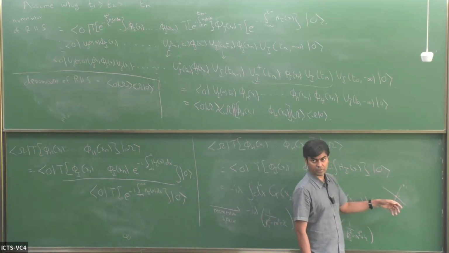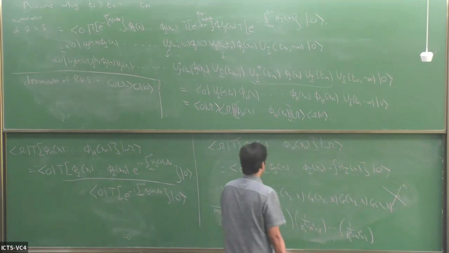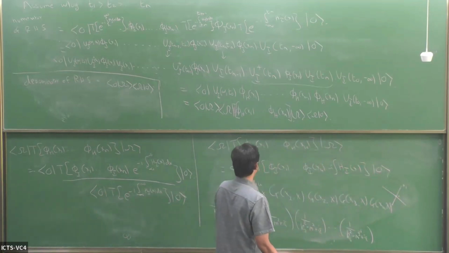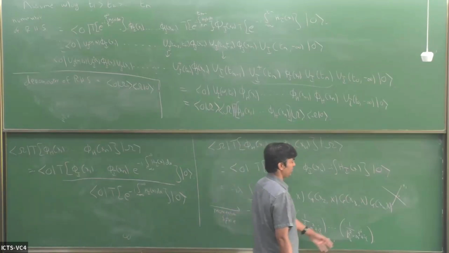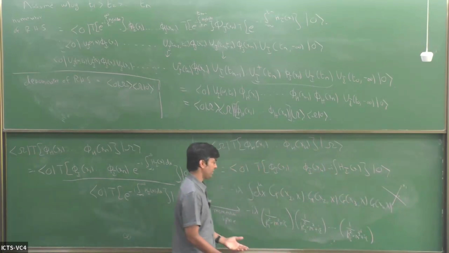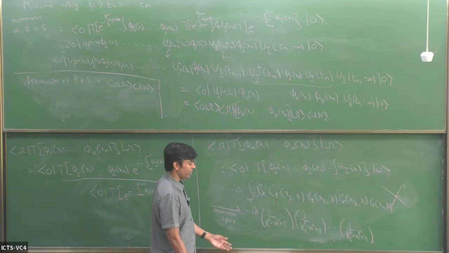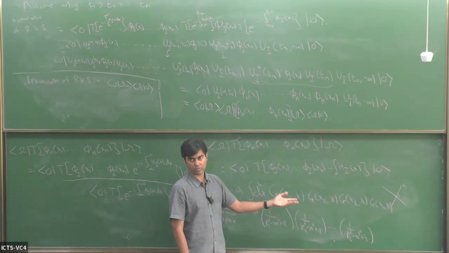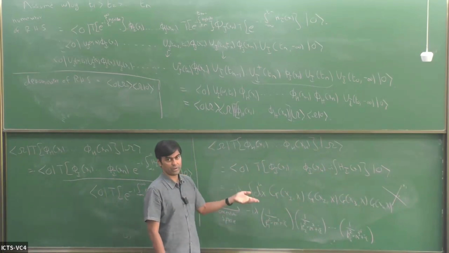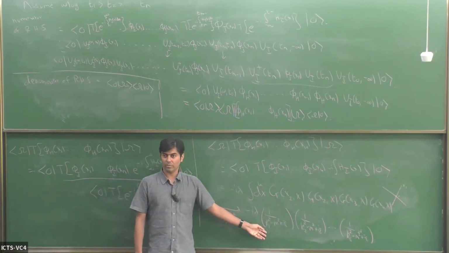So we were not keeping the external propagators. We were thinking of them as contracting with some external legs. But when you compute these kinds of Green's functions, you're supposed to keep the external propagators. And in fact, the LSZ formula that we'll study in some time will tell us in a precise way that S matrix elements are given by stripping off these external propagators from Green's functions, which is how we were already intuitively doing things. But it'll give this formula to us in a more careful way.